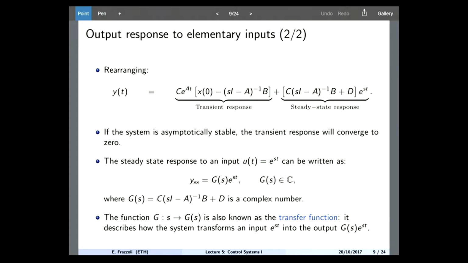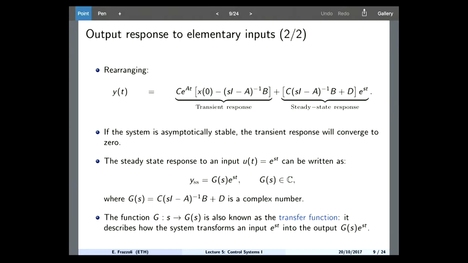You're multiplying in polar form, okay? So when you multiply something by a complex number, that is the same as multiplying the amplitude of your input by the magnitude of the complex number, okay? And then you are adding to the phase of your input the phase of the complex number, okay?